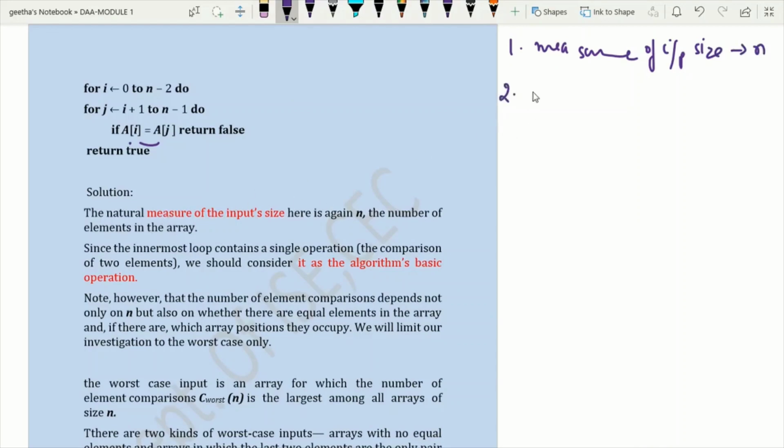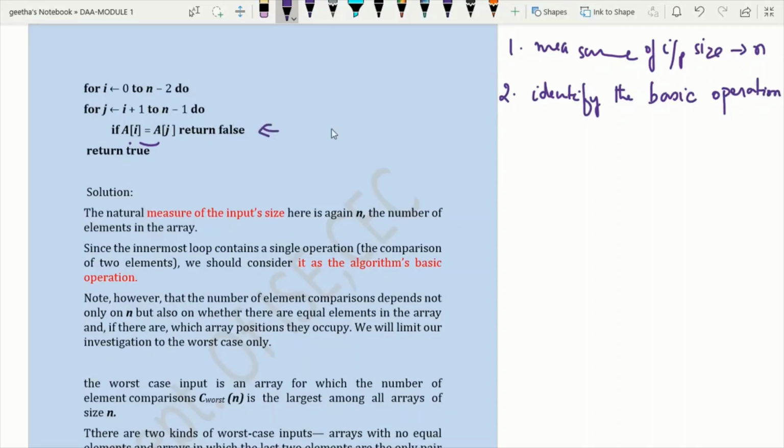The second step is to identify the basic operation. Basic operation normally lies in the innermost loop, which is inside this.